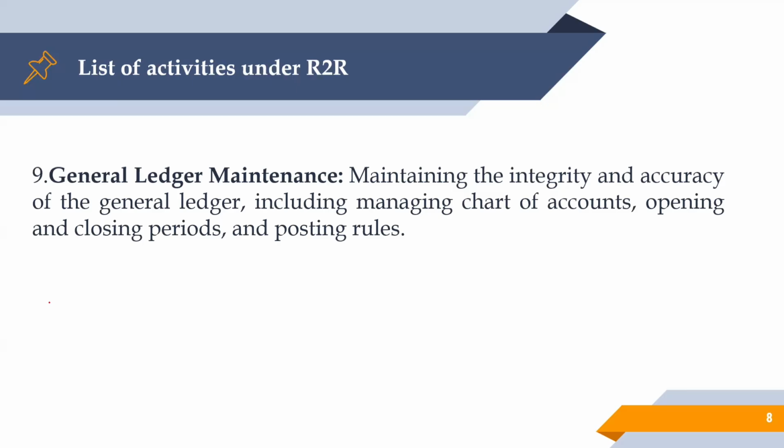We have to manage the chart of accounts, do the opening and closing of the period, and posting rules. That's also the responsibility of the R2R team. So that's the list of activities under R2R.